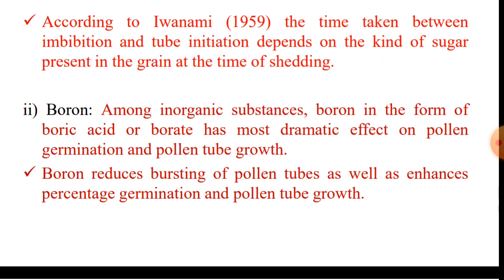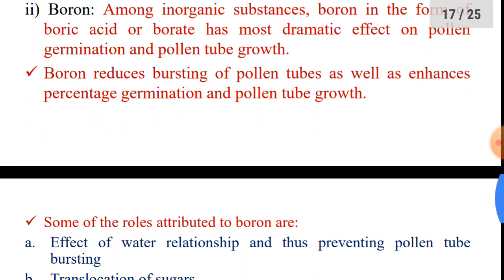Among inorganic substances, boron in the form of boric acid or borate has the most dramatic effect on pollen germination and pollen tube growth. Boron reduces bursting of pollen tubes as well as enhances percentage germination and pollen tube growth.